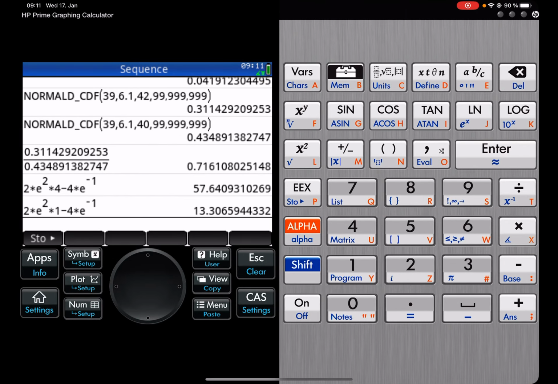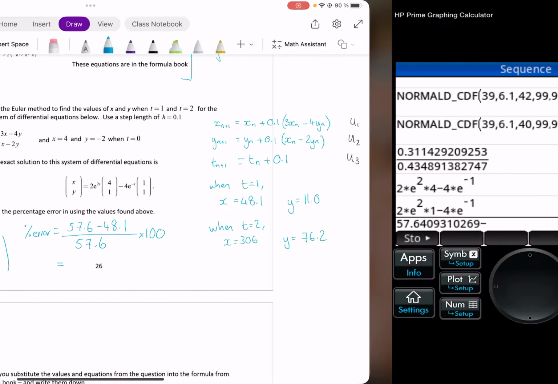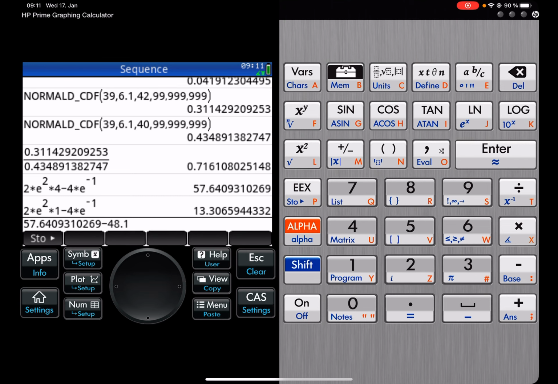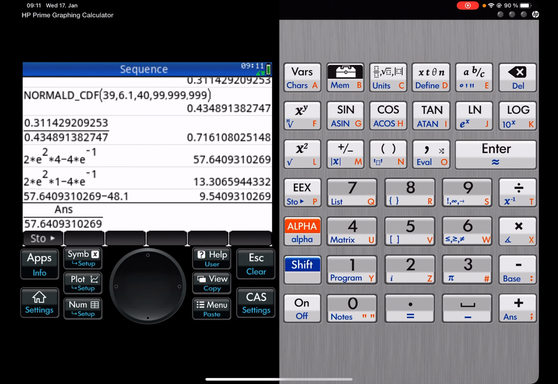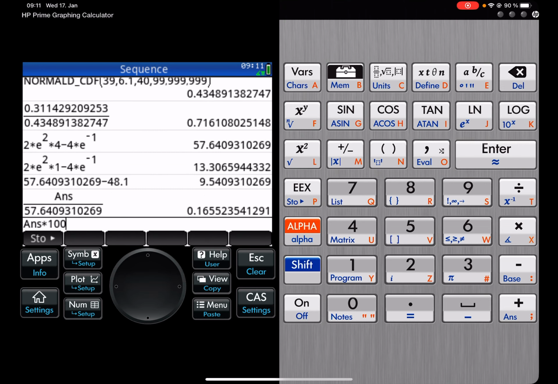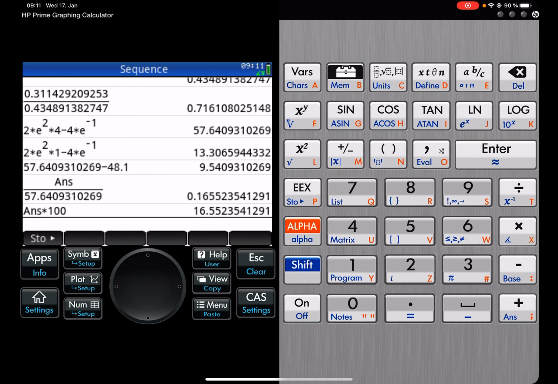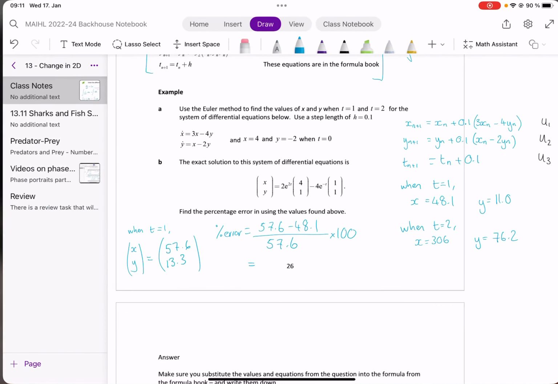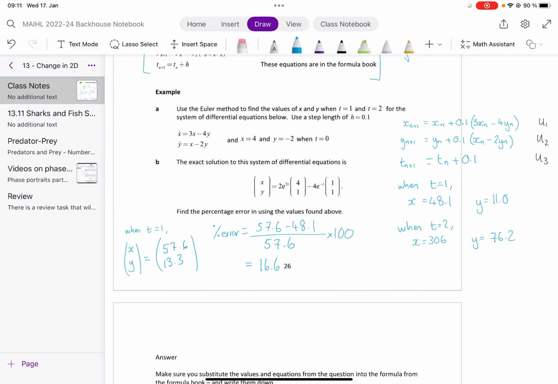Okay, and I'll take that, minus 48.1, divided by the exact one, times 100. So there we go, we've got a percentage error of 16.6%. It's going to be the same process for finding the percentage error for y, and if we did time equals 2, it's all the same process again.